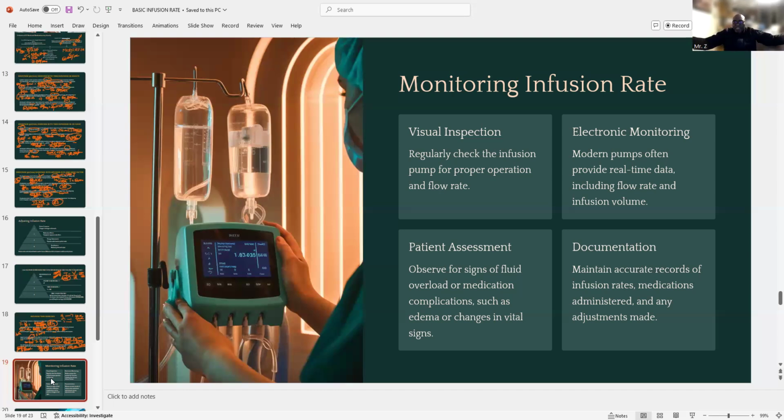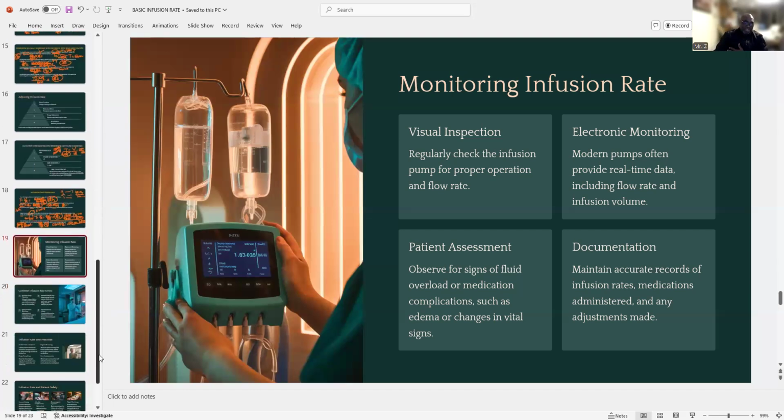Before you know it, someone's blood pressure drops drastically, and that person will die, because we just found out this person was allergic to the medication she was receiving, and before you know it, she was in anaphylactic shock, and that person will die. So be careful. You have to monitor, and you have to monitor your resident.